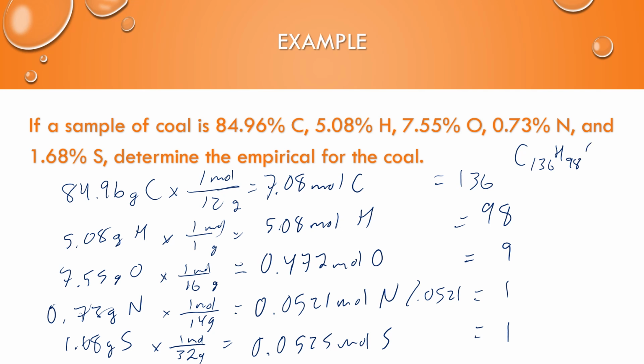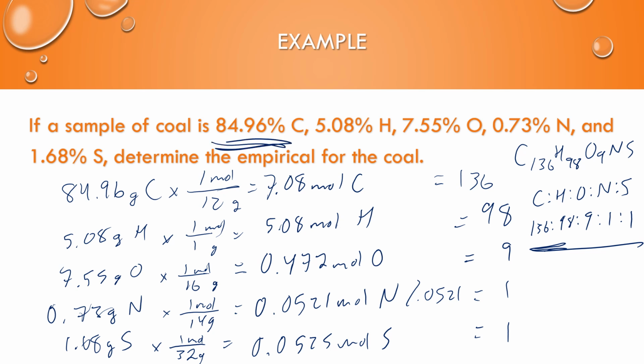So I'll write it like this, but really, if you wanted to say carbon to hydrogen to oxygen to nitrogen to sulfur, 136 to 98 to 9 to 1 to 1 as ratios, I think that's a little bit more accurate. So you can see how much more, by moles, carbon and hydrogen there are compared to the other elements. But by mass as well, you can see the really large percentage by mass of carbon in there that is contributing to the energy density of the coal.